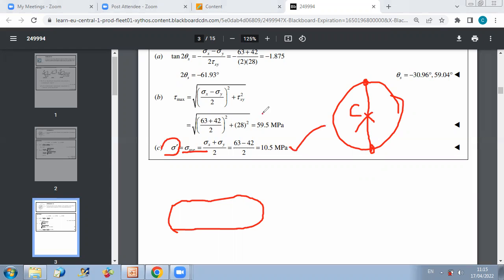So the maximum shear is equal to the radius of the circle, and the corresponding normal stress for this orientation of axis is the value of sigma average at C. Pay attention: when we have maximum normal stress, the shear is 0. But when we have maximum shear stress, the normal stress is not 0, it is equal to sigma average, which is sigma x plus sigma y over 2.